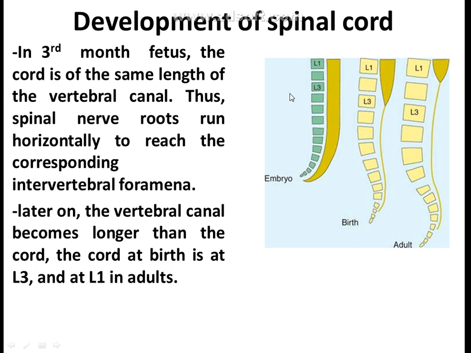But as development proceeds, the vertebral column elongates much more rapidly than the spinal cord, and therefore at birth the spinal cord will be at the level of the lower border of L3, and at adulthood it will ascend further to be at the level of L1. In both conditions, at birth and adulthood, the spinal nerves and the spinal segments do not correspond to the level of the vertebra of the same number.